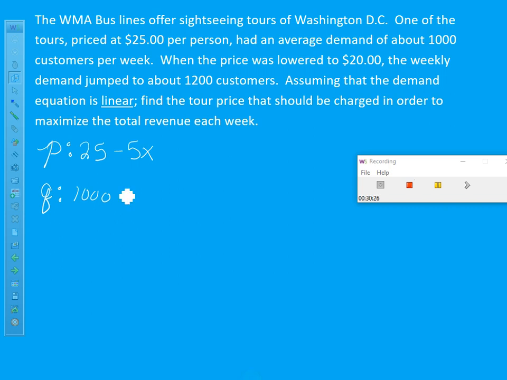We gained 200 customers. Every $5 price drop, we're going to gain 200. So that's our price and quantity equation. Our revenue would be, we would multiply those out using FOIL. We would simplify. We would find our derivative, set it equal to 0, and plug that number back in.